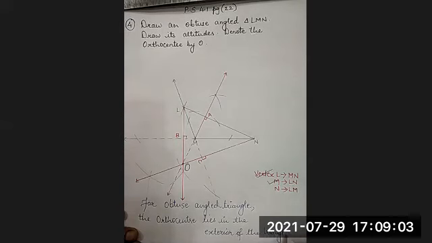So here the position of the orthocenter is in the exterior of the triangle.